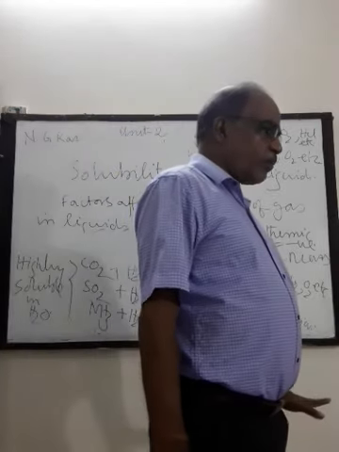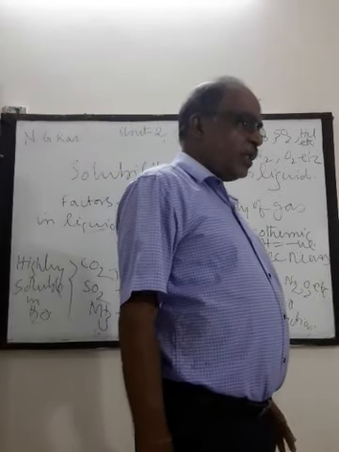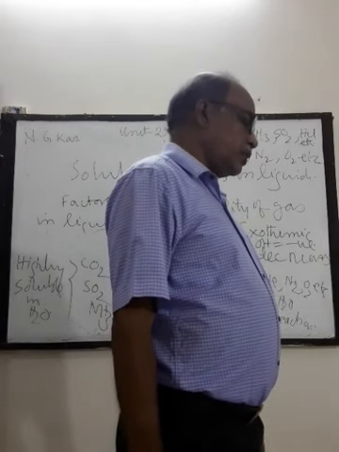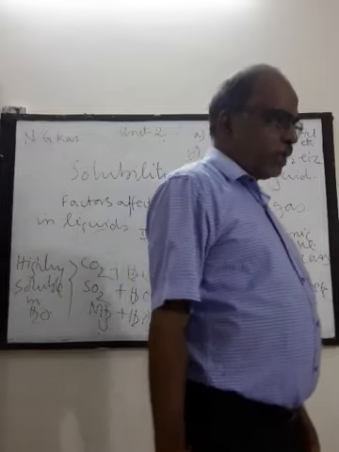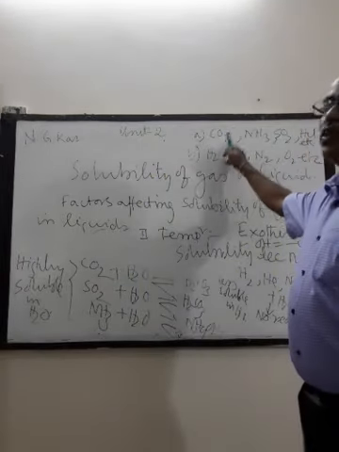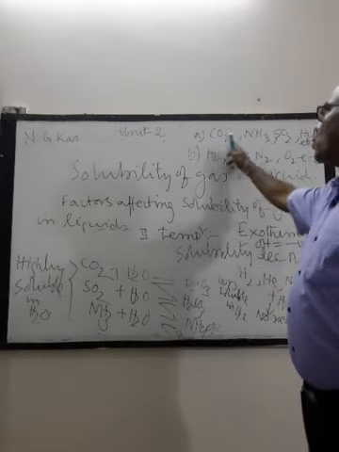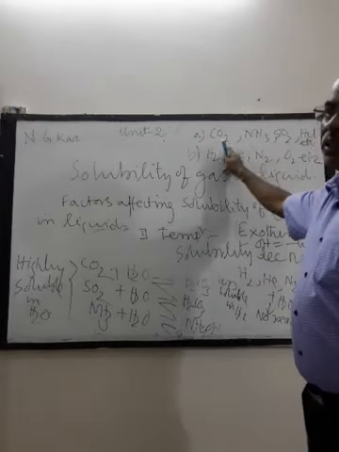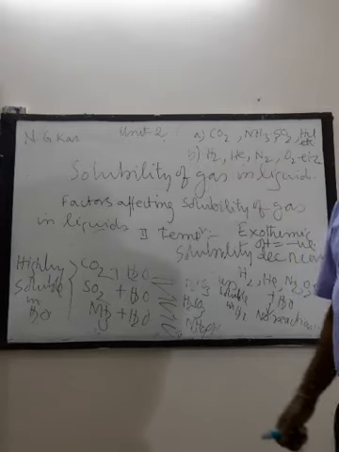So the first factor is the nature of gas and solvent, and the second factor is temperature. For the first factor, gases are classified into two types. Some gases where chemical combination takes place, or gases which are easily liquefied, are highly soluble in water.